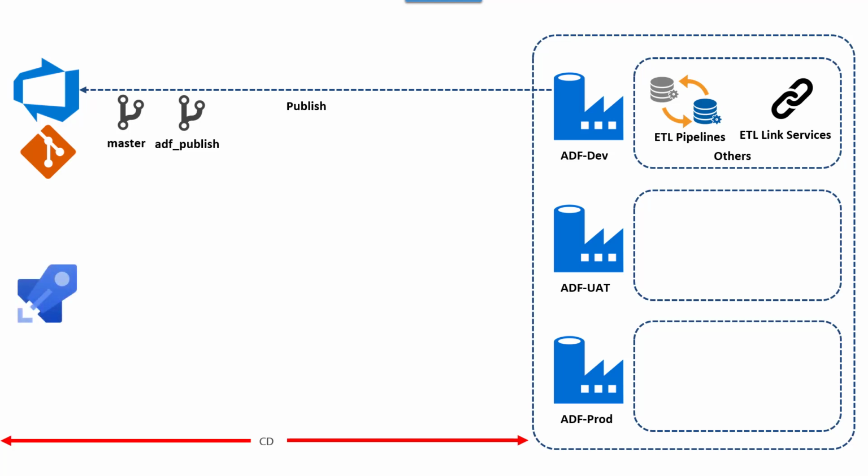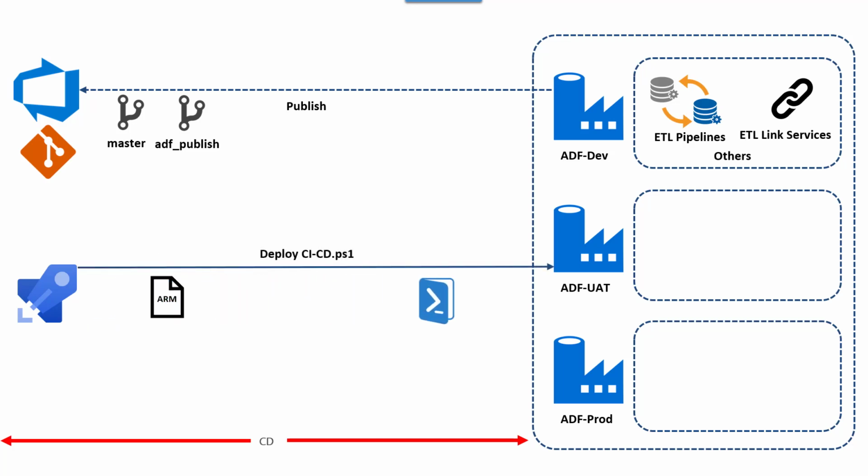So the first step in the CD pipeline: the Azure pipeline will start by getting a PowerShell script from the master branch, and then getting the ARM template that represents the dev environment from the ADF publish branch, and then start deploying the PowerShell script to the UAT.